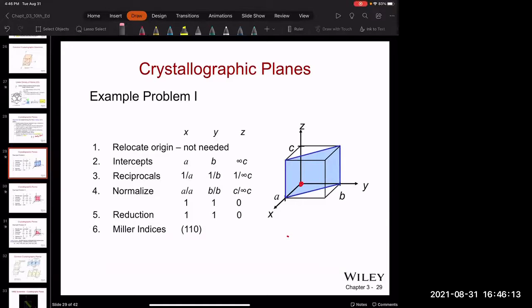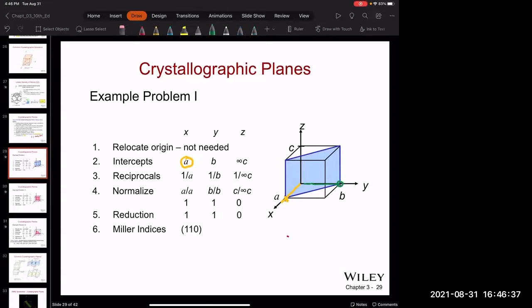The second thing that you do is to find the interception to each one of the axes. So first you look at the x. Here is the x-axis, right? It intercepts at A, so that's why we put A here. Then you look at the y-axis.